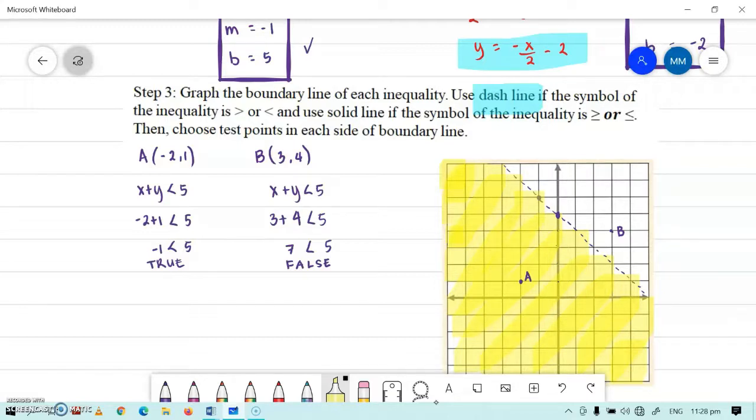Alright, so now that we are done determining which side of the boundary line we shall shade for the first inequality, now let's proceed to the second inequality.